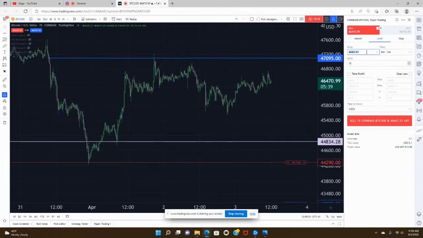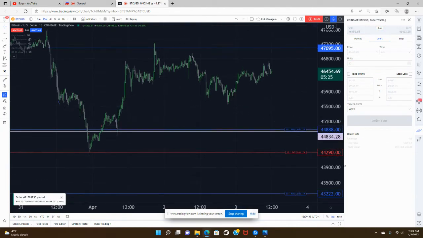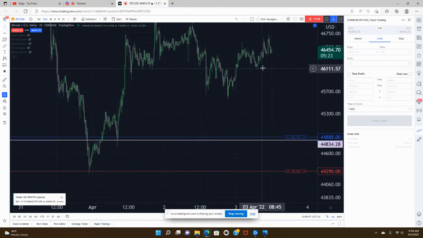I don't demand perfection on the level entry, so just 44888. Maybe add 10 lots right there. Let's see. So buy 44888, and then we can manage.